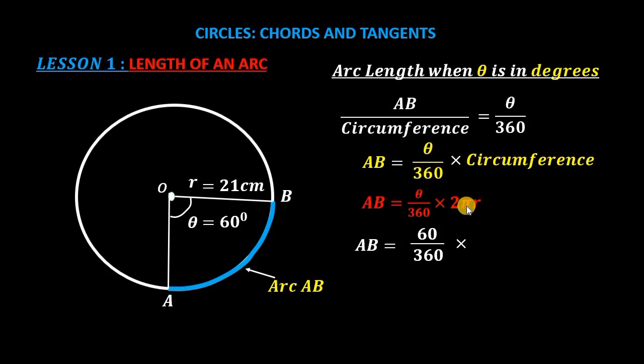Pi is 22 over 7, radius we've seen is 21. So we multiply by 2 times pi times 21, and that should give us 22 centimeters. Now that is how we calculate the length of an arc when the angle is given in degrees. So we make use of this formula.